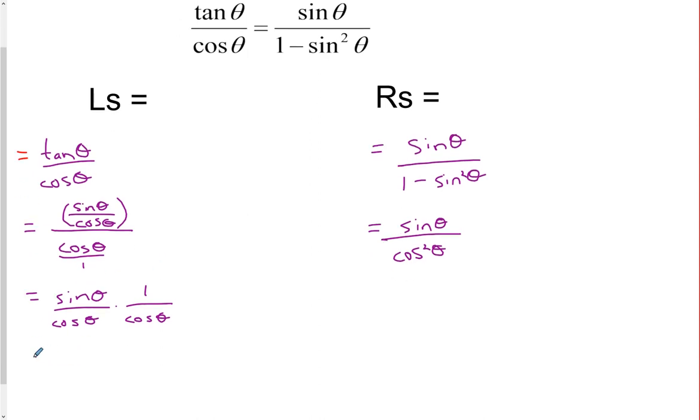And now let's multiply our two fractions. Sine theta times 1 is just sine theta. And cos theta times cos theta, that is cos squared theta. And rather than writing the squared above the angle, we write it next to the cosine. And look, our sides are the same. They are equal. So we did it.